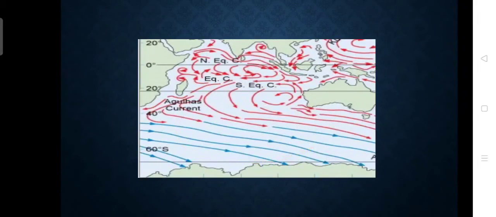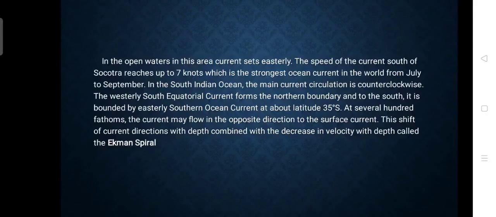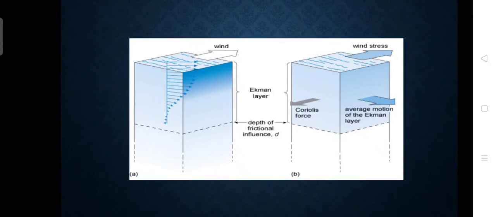Ito naman yung tinatawag ng Ekman spiral. Yan naman yun. Ang Ekman spiral is yung pag-shift ng current direction with depth combined with a decrease of velocity. Ayan yun. So, ito yung picture niya. Ito yung itsura ng Ekman spiral na nanggaling sa Swedish oceanographer na si Vagn Walfrid Ekman.